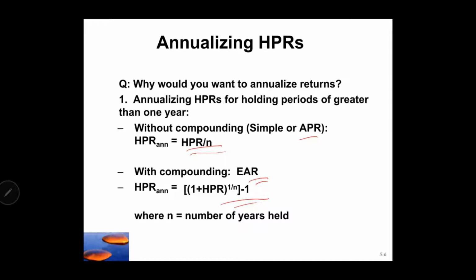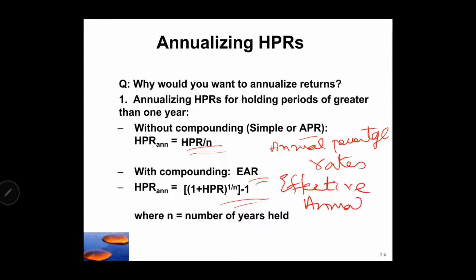What is APR and EAR? APR means annual percentage rate. And what is EAR? EAR means effective annual rate.